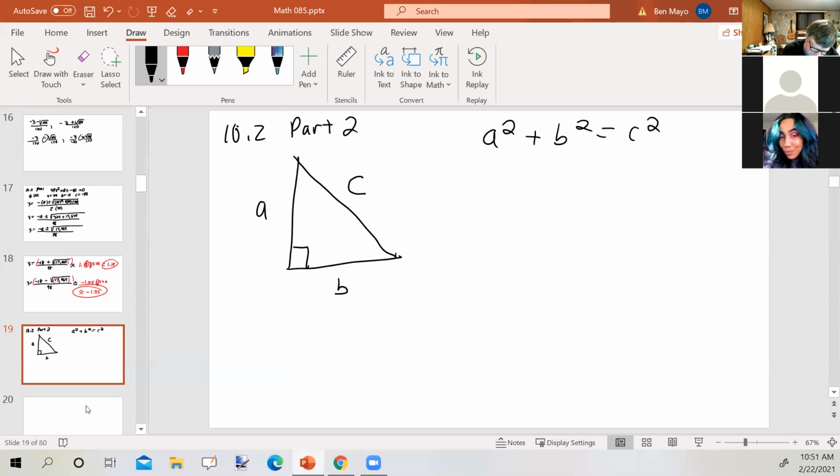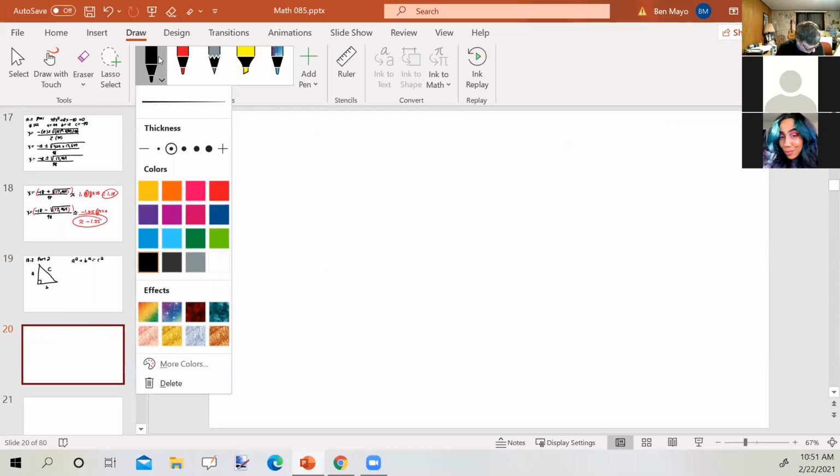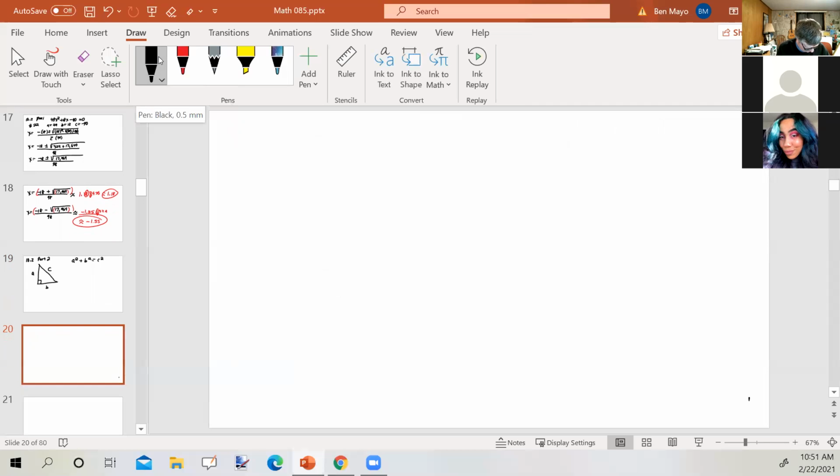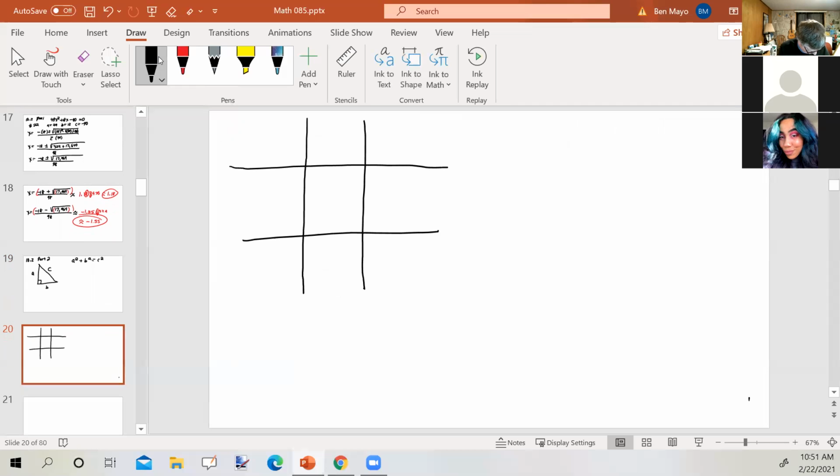Okay, now, here's the problem. It says crosswalks. Refer to the illustration below. So let me draw a picture of what's going on here. And we've got these crosswalks.